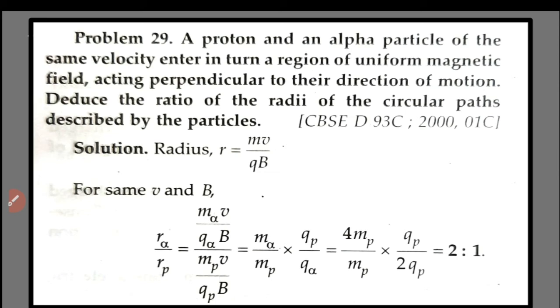An alpha particle is a helium nucleus, so it has twice the charge of a proton and a mass 4 times the mass of a proton. That means M alpha equals 4 Mp and Q alpha equals 2 Qp. Substituting, we get the ratio as 2:1. So don't forget, alpha particle is a helium nucleus.